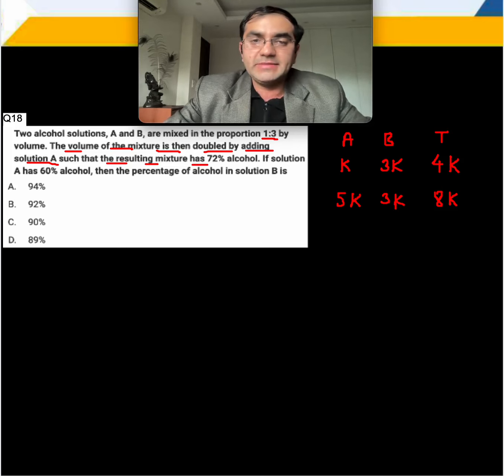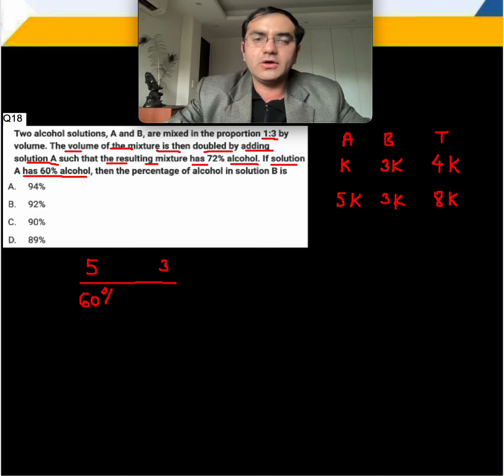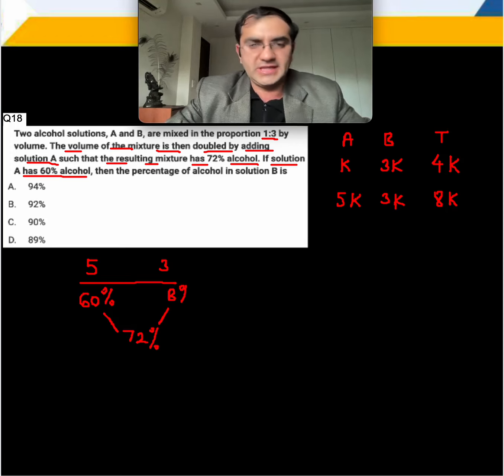The resulting mixture has 72% alcohol, A has 60%, find B. Very basic, standard question. 5:3 ratio of mixing at the top. Mixture for A, 60% alcohol, overall mixture has 72% alcohol, and let's say the B solution has B% alcohol.